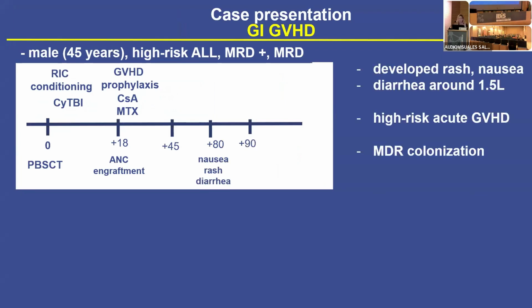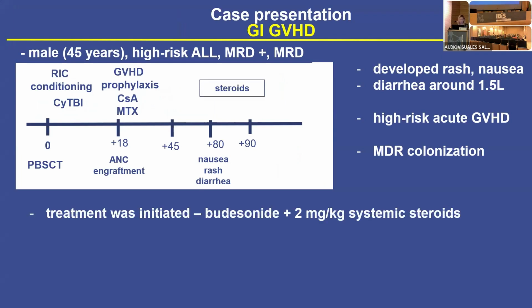Finally, the patient that I didn't show, and that is the high risk, is the patient that develops GvHD during immunosuppressive treatment, with everything: nausea and rash and diarrhea of more than 1 liter. So a high risk acute GvHD where the treatment is initiated with oral steroids at 2 milligrams per kilo.